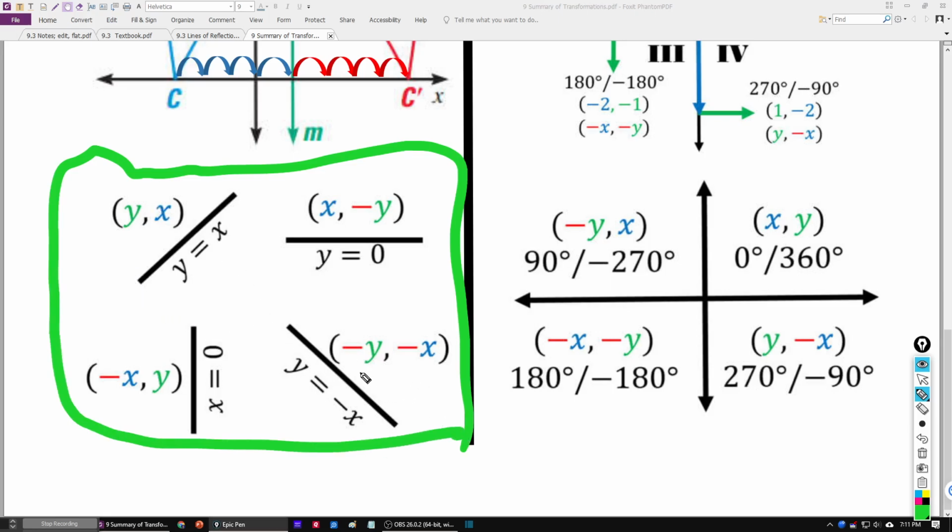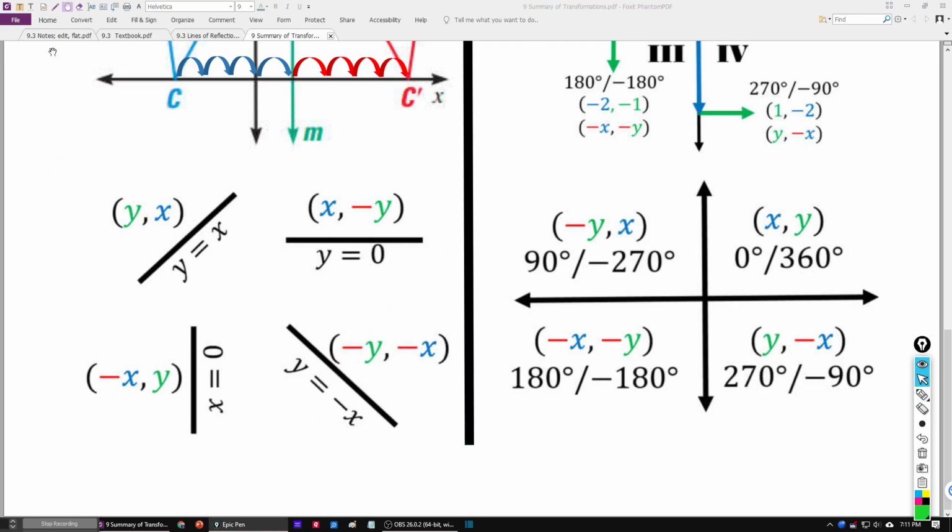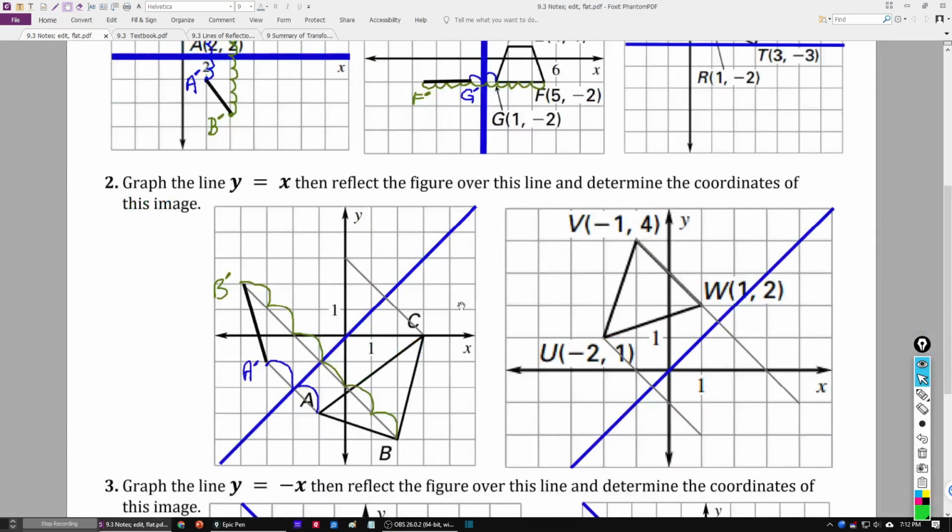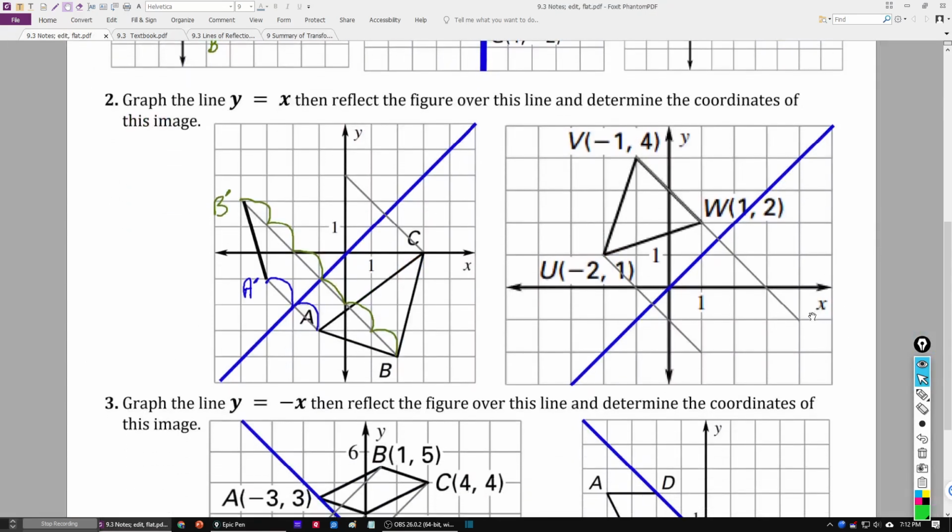This is the one that we just did: the opposite of y and the opposite of x. Each one of these is what you are going to be memorizing, and it makes life so much easier to be able to do these transformations, or these reflections.